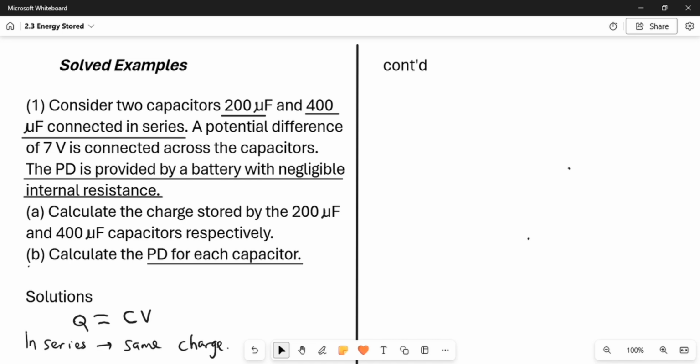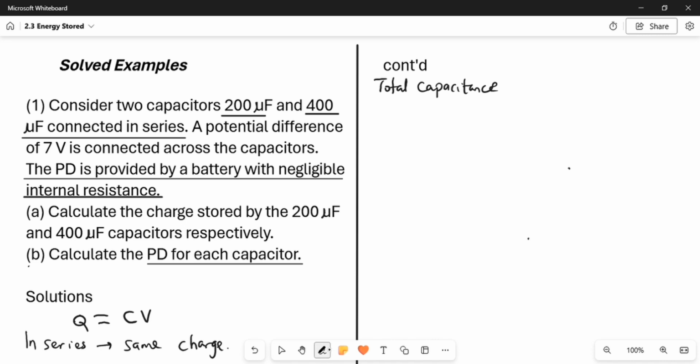So that we can find the total capacitance as, remember, for series connection, the total capacitance is obtained using the reciprocal law.